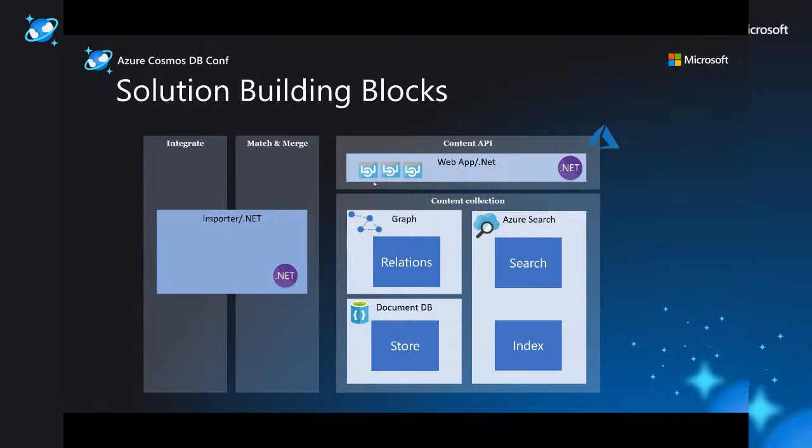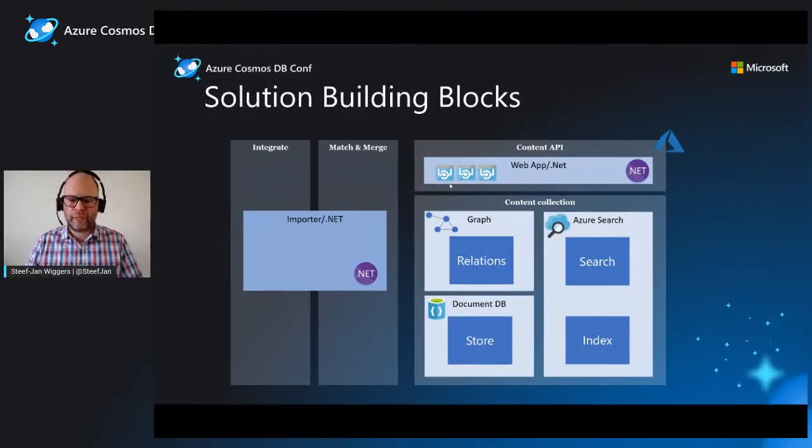On the other end, you had the document model on one end, and the graph model on the other end to set the relationships between these content types. Also to, for instance, implement the type of hierarchy, maybe also some recommendation with regards to finding related content to the tax laws itself. And then these were exposed through a content API, which was .NET APIs, functions, or other types of code exposed through web apps.